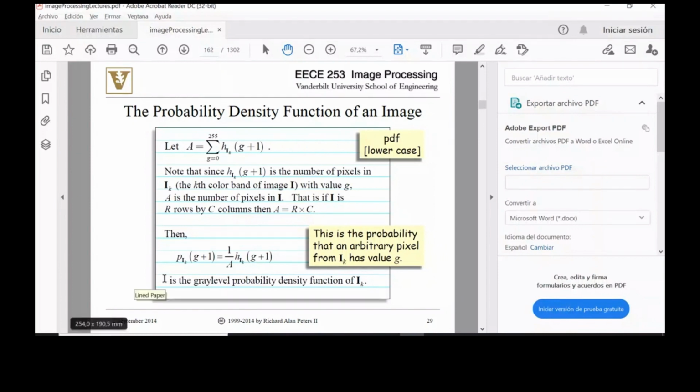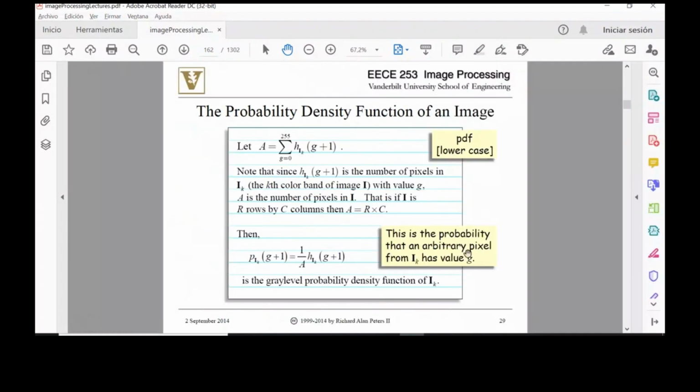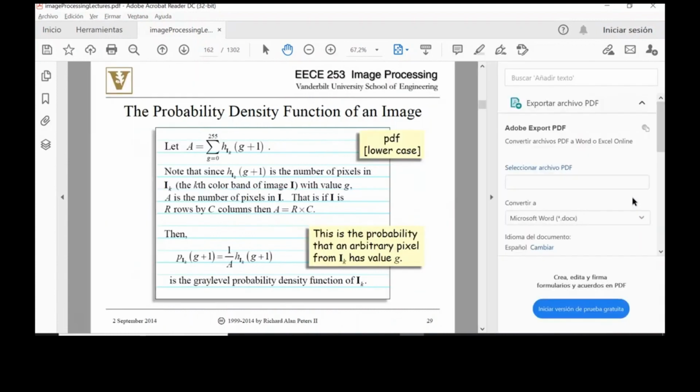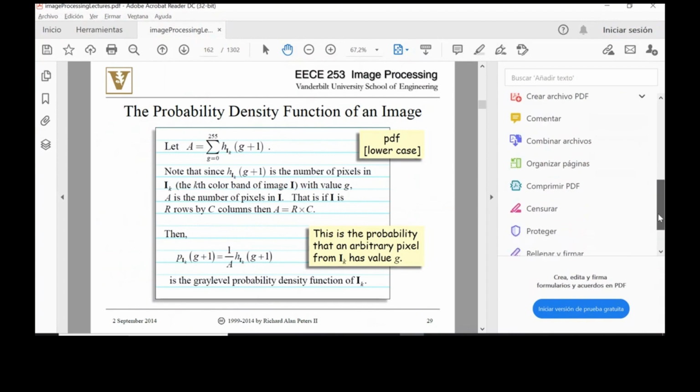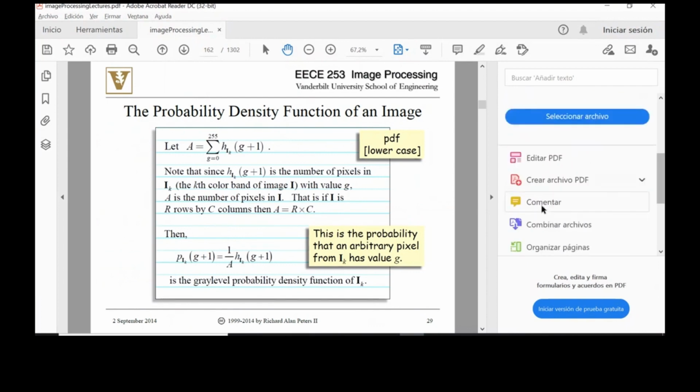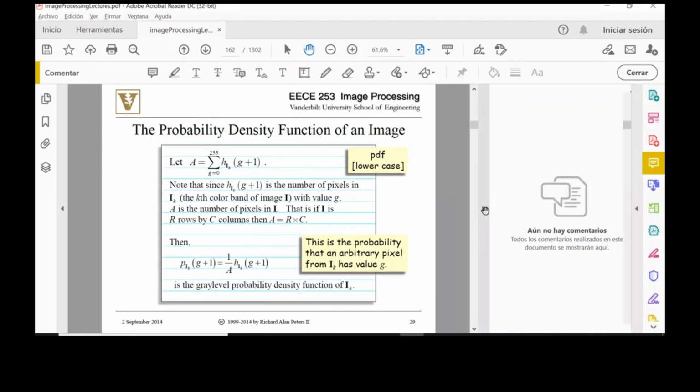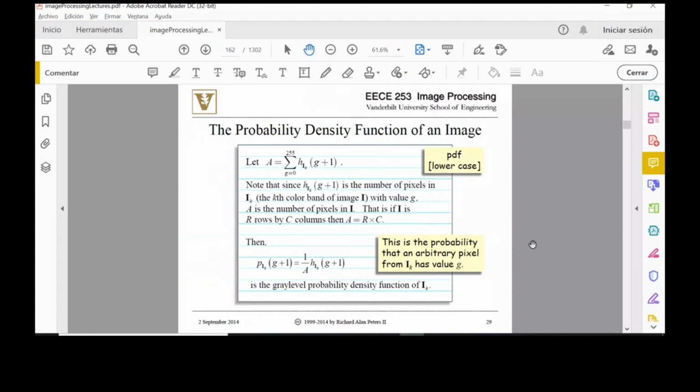How to convert. Actually, we use this one. This way. How do you go into? So this is the way.